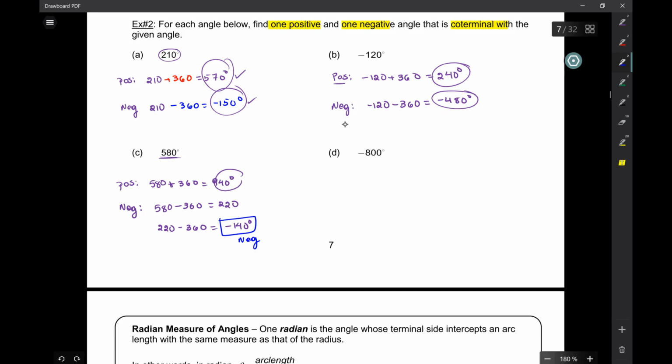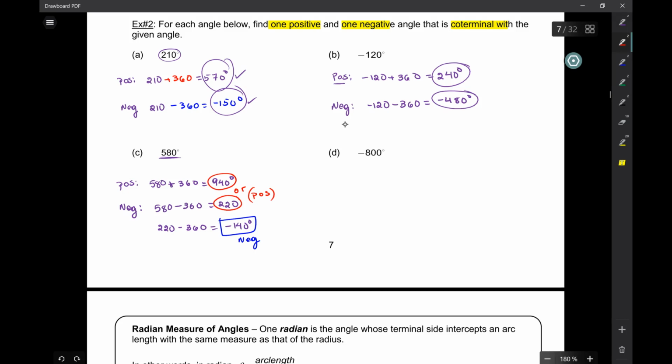So for your answer, you can put either of these for the positive coterminal angle. It's completely up to you. If you realize, with 580, I'm just going to subtract from the beginning, and on the way, I'll hit a positive and a negative coterminal angle, all the more power to you.